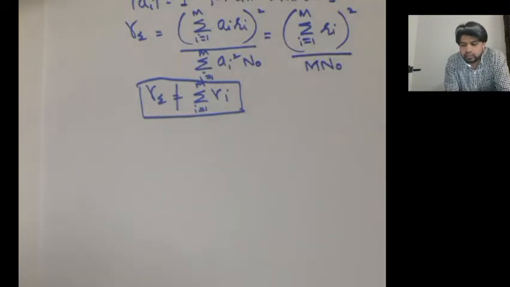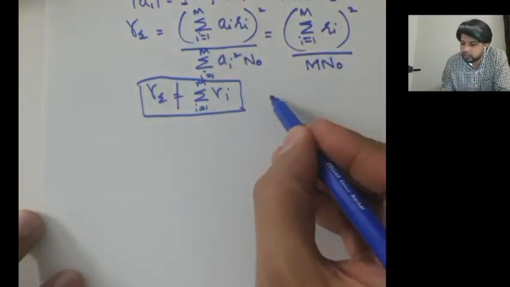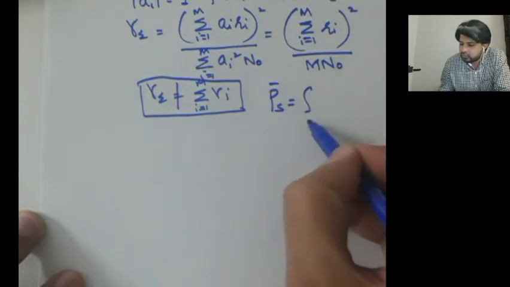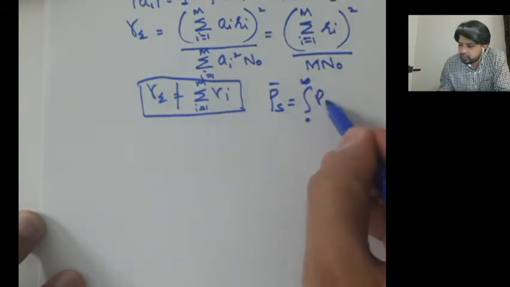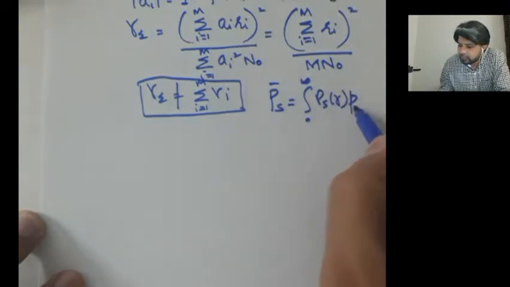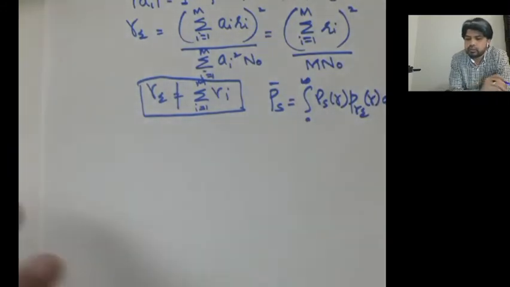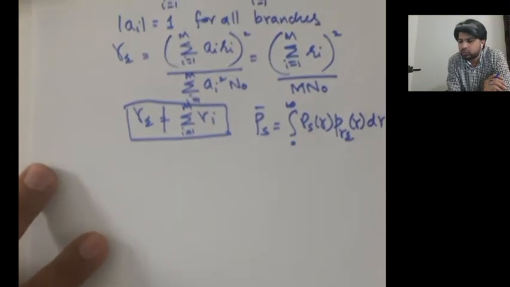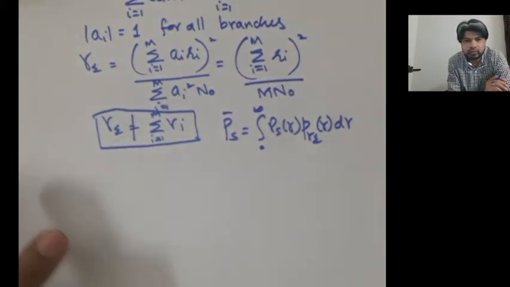But the important thing is that if you simulate the results for the symbol error probability and the outage probability, that means if your symbol error probability is equal to the integral from 0 to infinity of P_S of gamma times p of gamma sigma of gamma d gamma, your symbol error probability would be very close to what you get in maximal ratio combining.